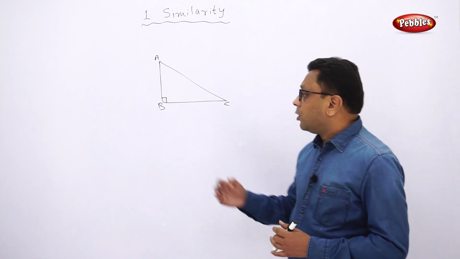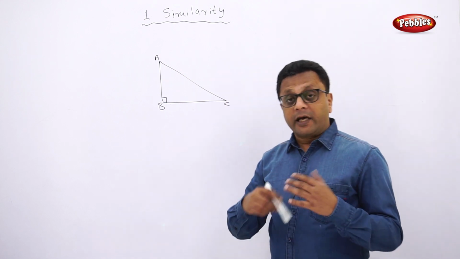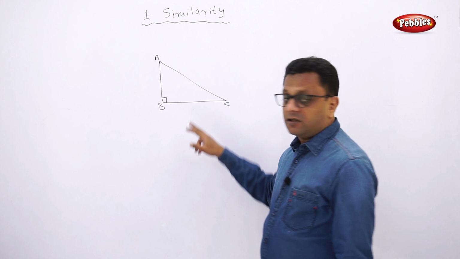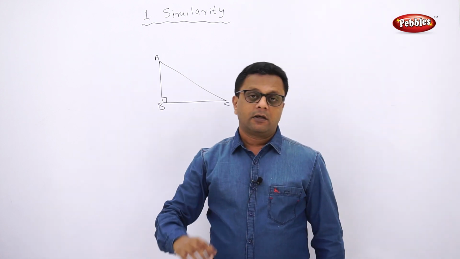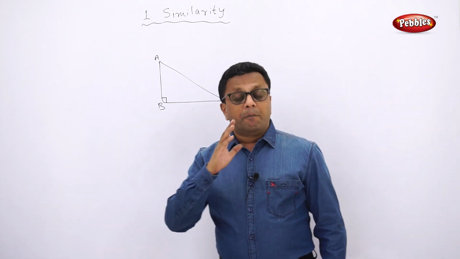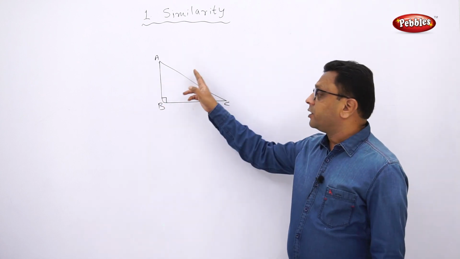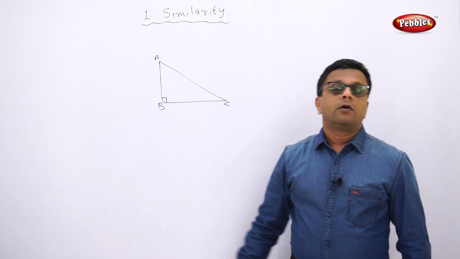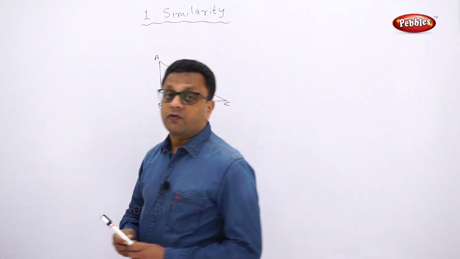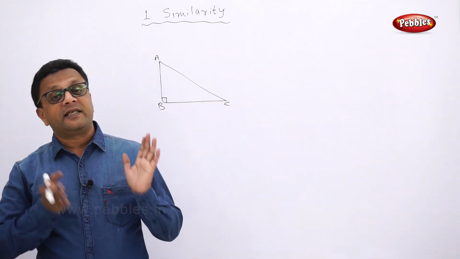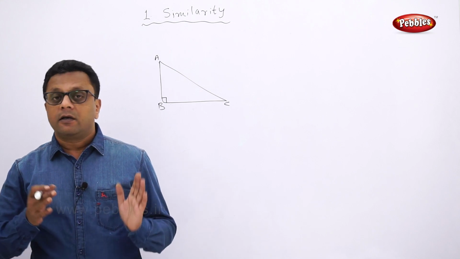That means wrongly you can say that this is base and this is height, or this is height and this is base. So better than that, we will call this as a hypotenuse square is equal to the addition of the squares of the two remaining sides of a right angle triangle.